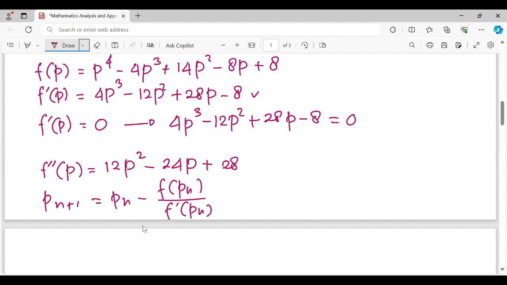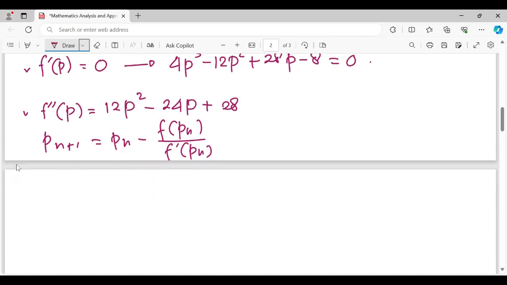So especially for this calculation, this one is the function, and this one is the first derivative. So it means P1 is P0 minus function P0 over derivative function P0.